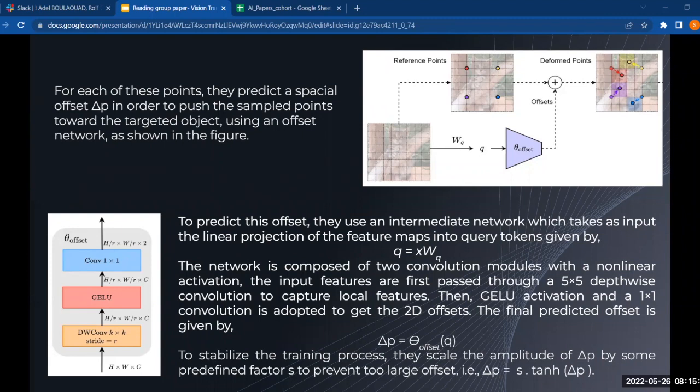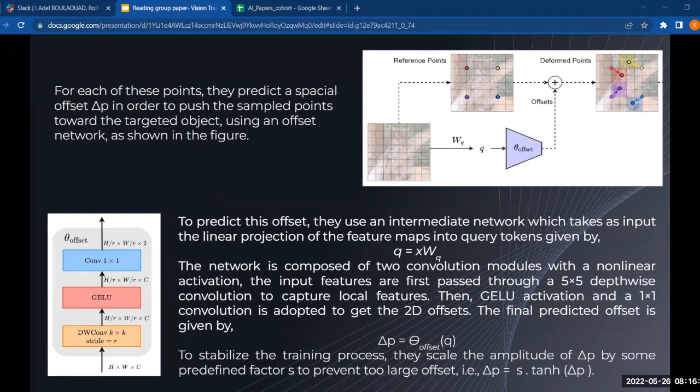They also try to stabilize the training process by scaling the amplitude of p by some predefined factor s, to prevent offsets from going to too large values. The product you can see is delta p equals s times tanh of delta p.